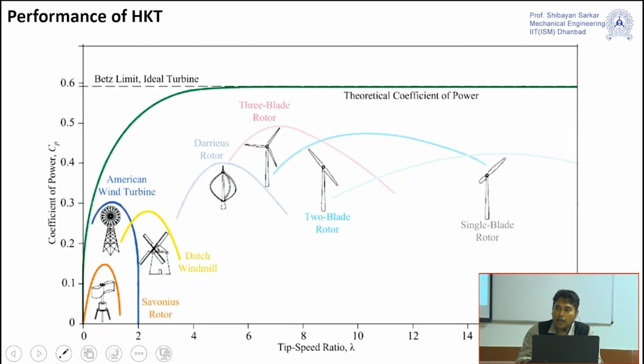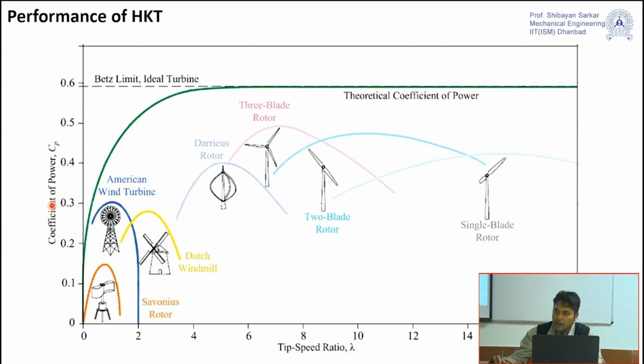So far we have discussed the performance, and I have told you what the different performance parameters are. If we want to represent it graphically, you can see that in the lower part, the x-axis is written as tip speed ratio, and in the upper part it is written as coefficient of power.